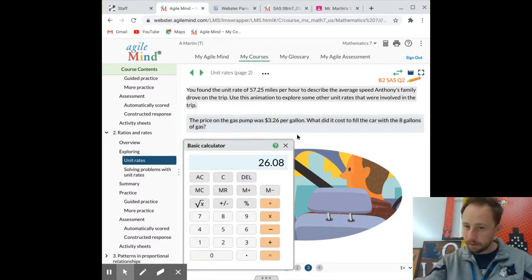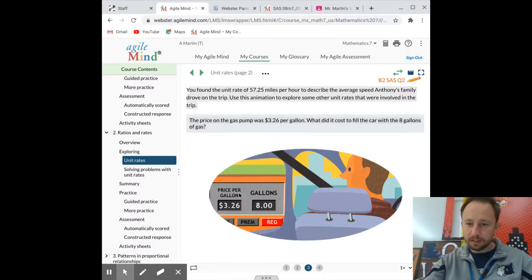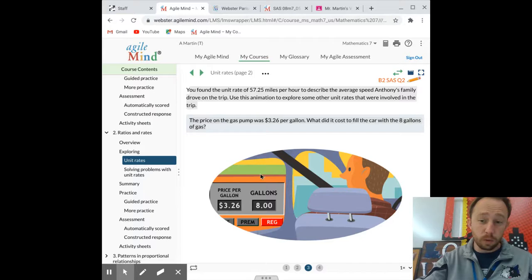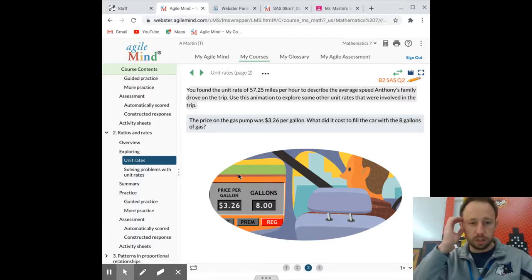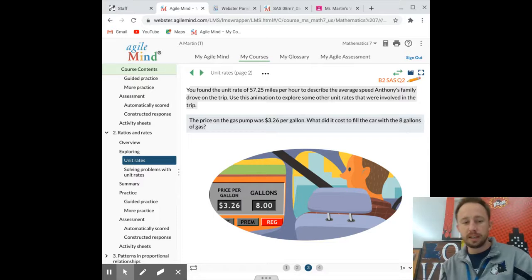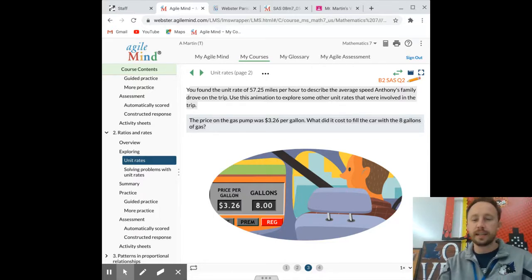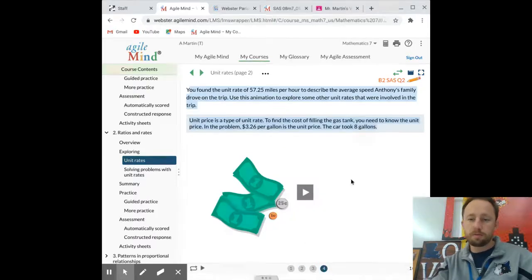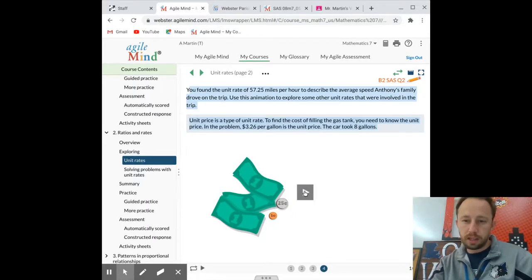All right, so we're going to take what we just did and write it in question 2B. So we did $3.26 times 8, and it equaled $26.08. And so let's look at number 4 on our pages and see how it works.